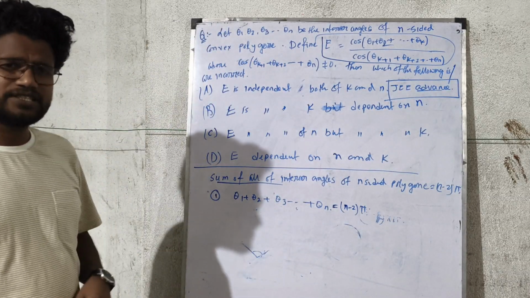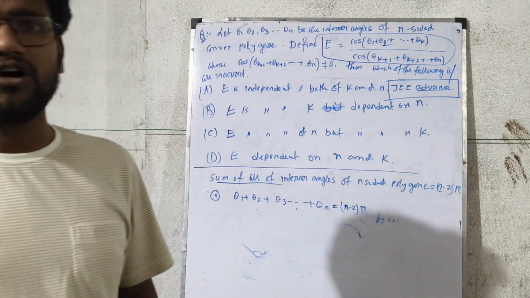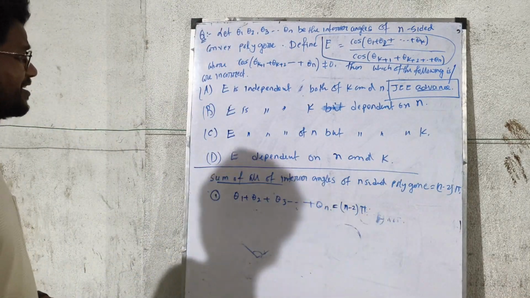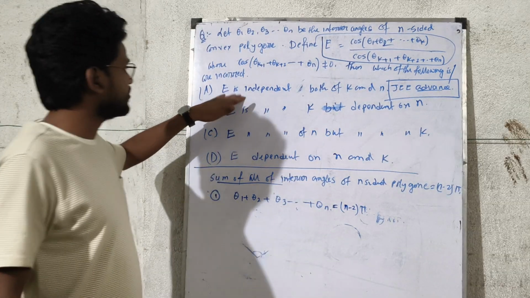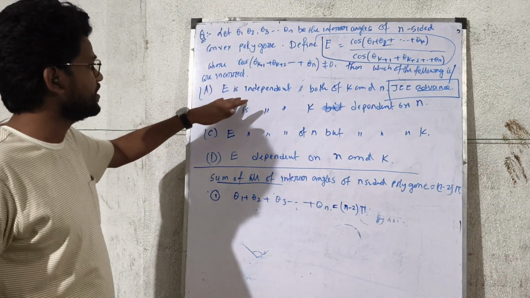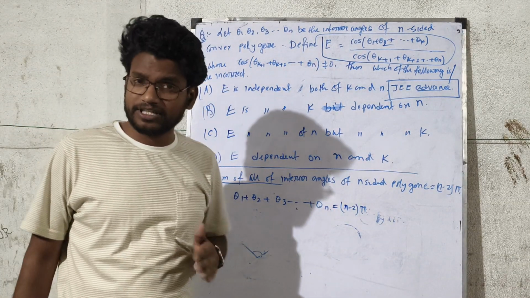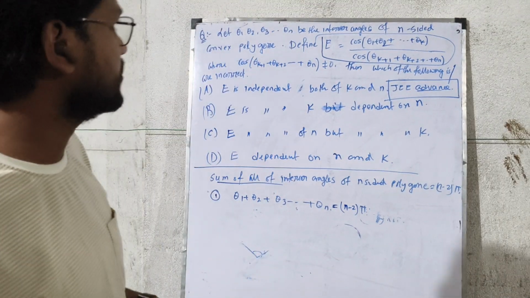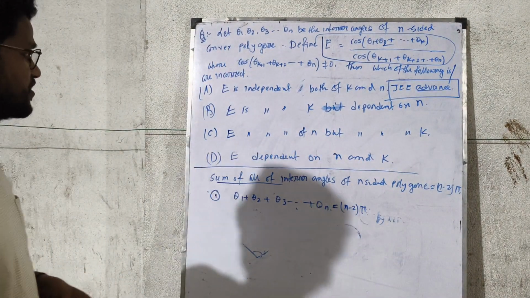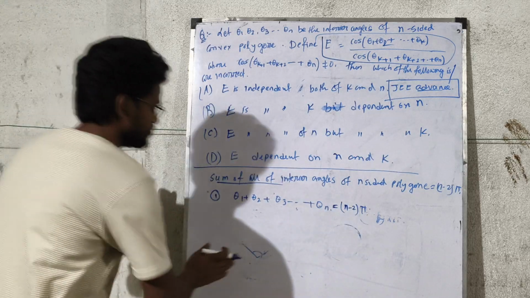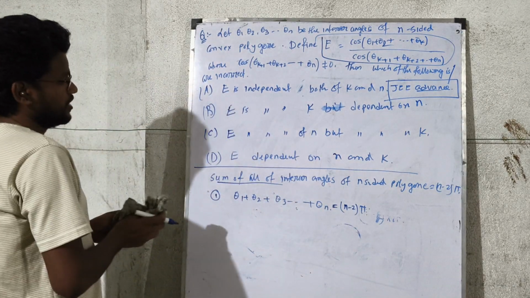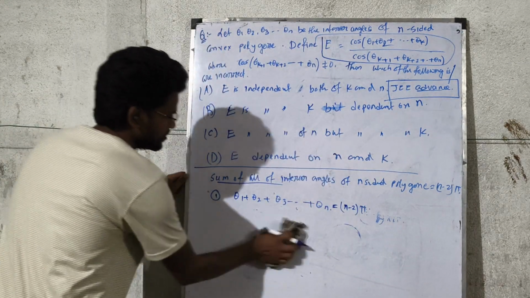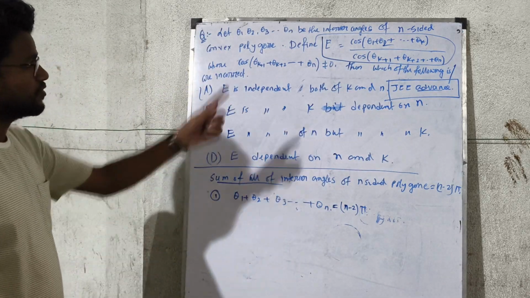From the options we can understand the main criterion: is E dependent on n or k? So how do we think about this type of problem? Let's start with the thinking process.